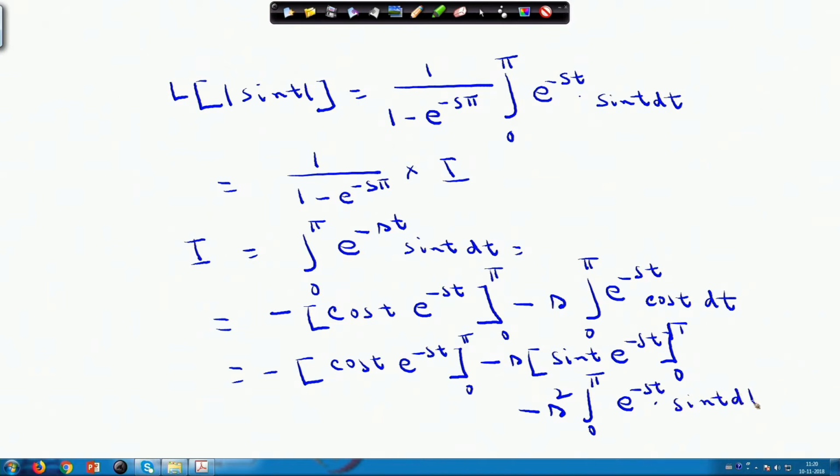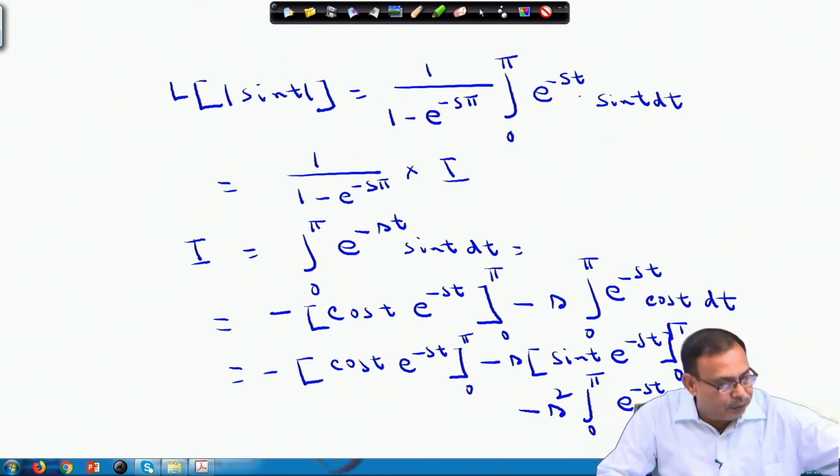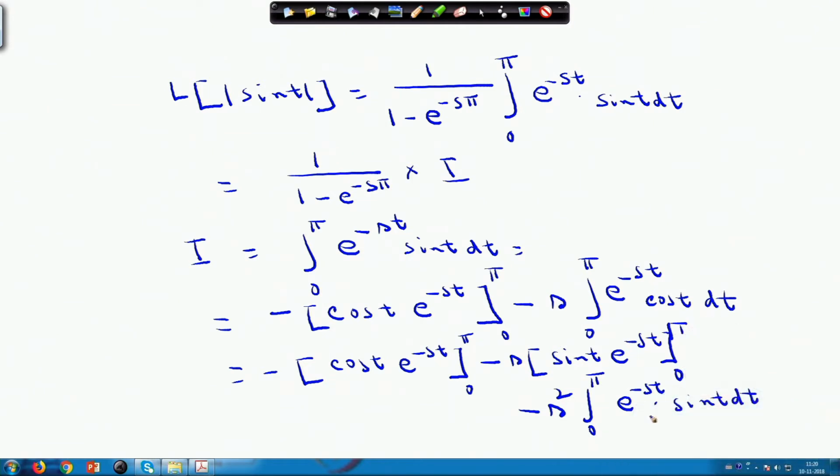And if you see this integral, it is nothing but the right hand side integral, that is, I. So we can take this on the left hand side.